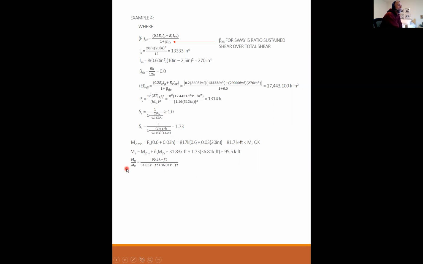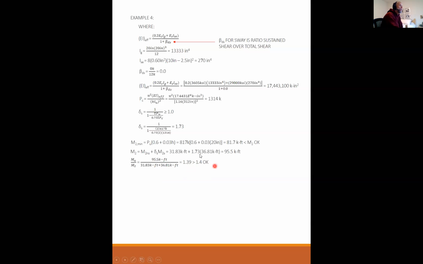Mu over M2 is 95.5 over 3183 plus 3681. These are directly from the analysis, and this is the one that's amplified. And so my amplification is 1.39. That's supposed to be less than 1.4.